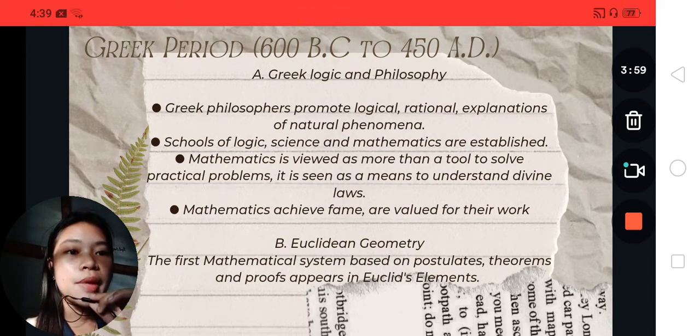It is seen as a means to understand divine laws. Mathematicians who achieved fame are valued for their work. B. Euclidean geometry, the first mathematical system based on postulates, theorems, and proofs, appears in Euclid's Elements.